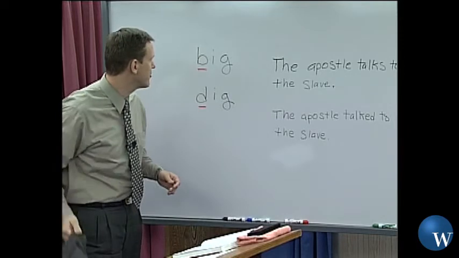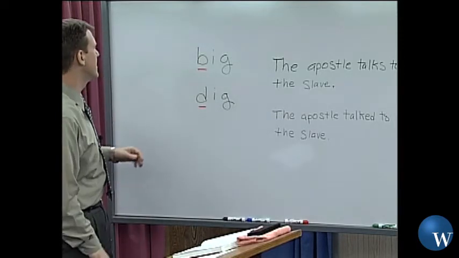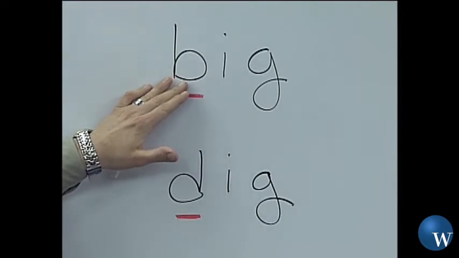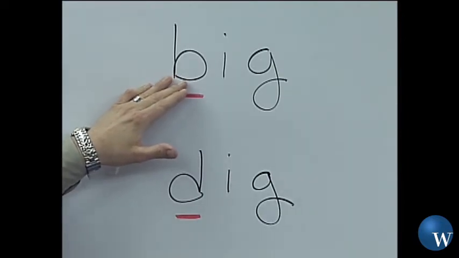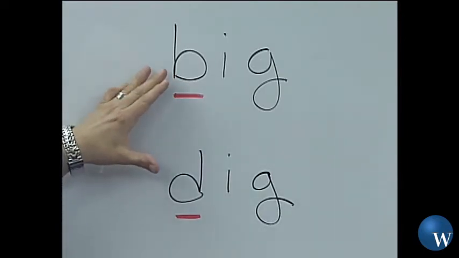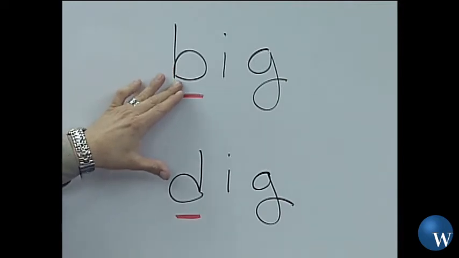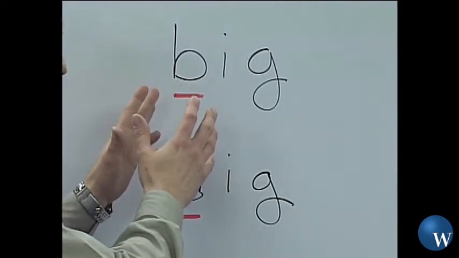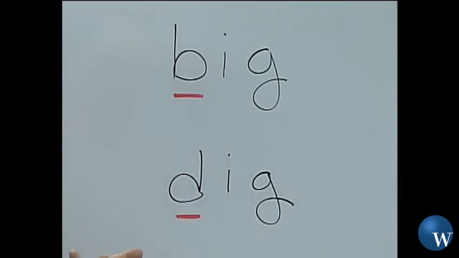All right, let's notice over here on the board that this B sound is a phoneme. And just a little differentiation between the B sound and the D sound can make all the difference in the world in understanding this word and understanding that these are two different words.